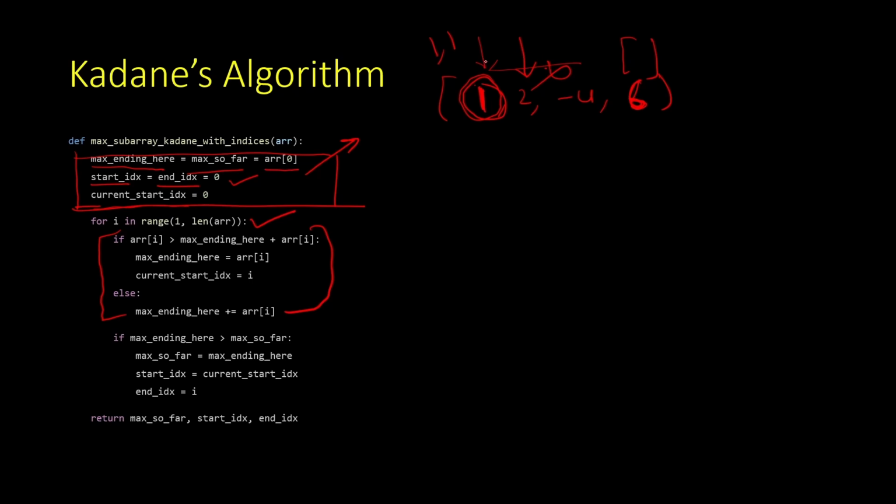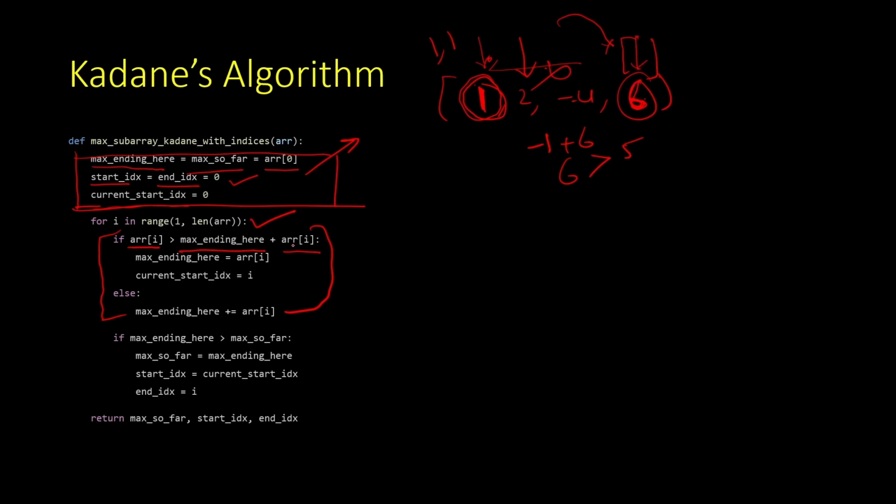So to update the start index from here to here, I'm checking if my current value is greater than the running sum that I'm maintaining plus the current value. For example, here running sum is minus 1 till here, plus current value, which is 5, which is less than the value itself. So it's better if we start our subarray from here.